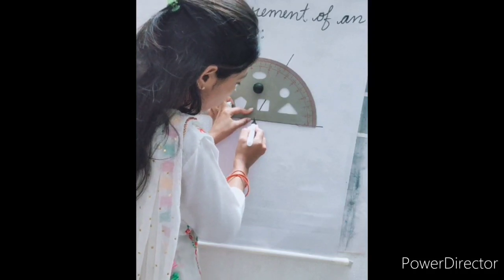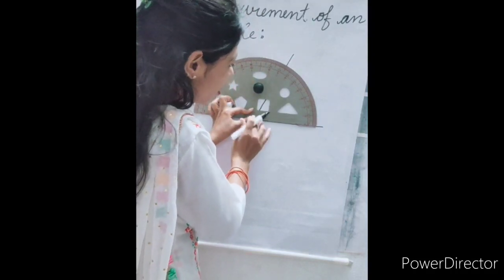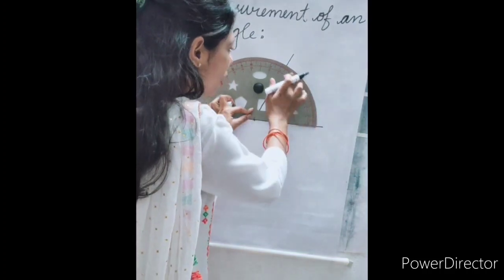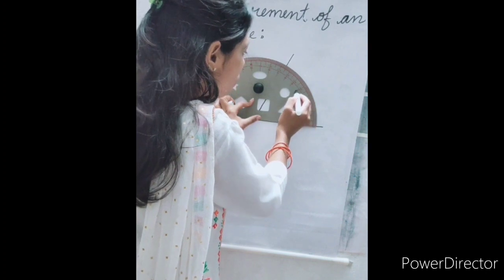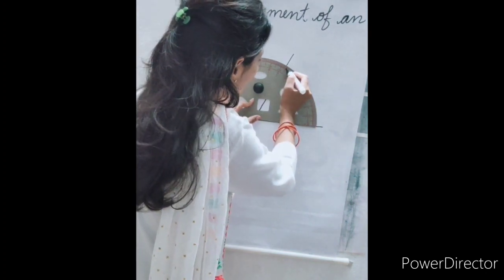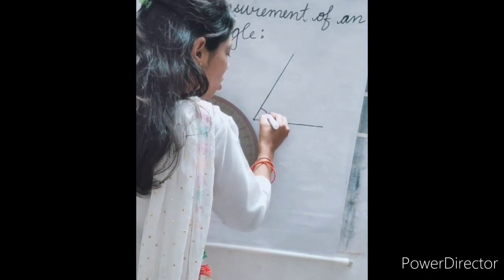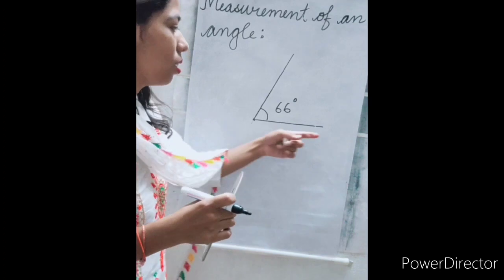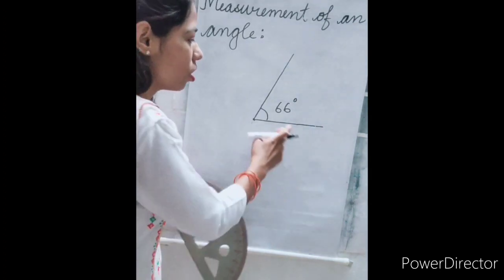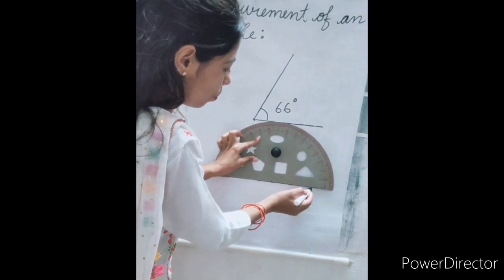Then we will calculate the degree of this angle: 0, 10, 20, 30, 40, 50, 60, 65, 66. The degree of this angle is 66 degrees. See, this time we measured this angle from this side. Let's take one more angle.